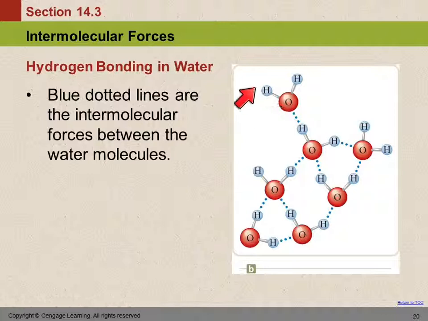So the partial charges here are larger than on most polar molecules. So we've got a larger negative charge here and a larger positive charge here, and so then the amount of attraction is greater.